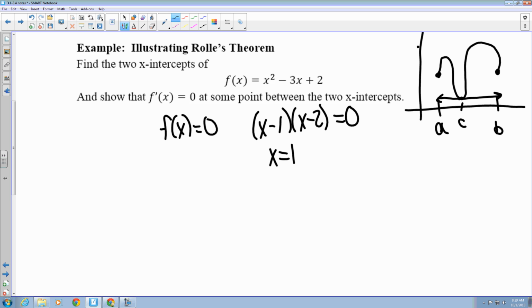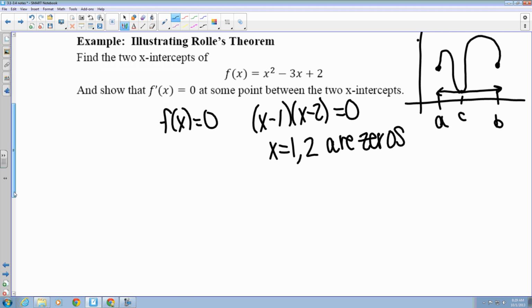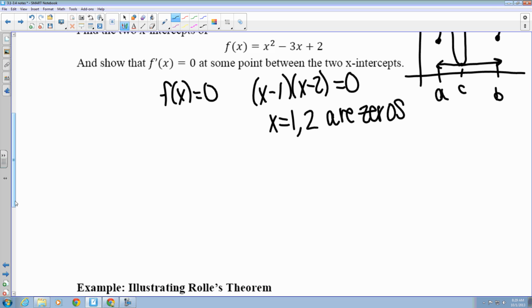And x equals 1 and 2 are zeros of our function. So they're saying that there has to be somewhere in between there that has a horizontal tangent. So we're going to take the derivative of it. F prime is 2x minus 3. And a horizontal tangent means that our derivative will be equal to 0. So we have to solve for that x value. And that happens where x equals 3/2.